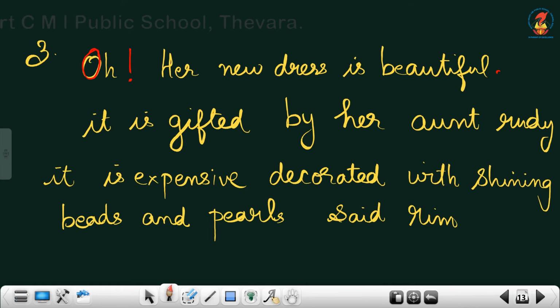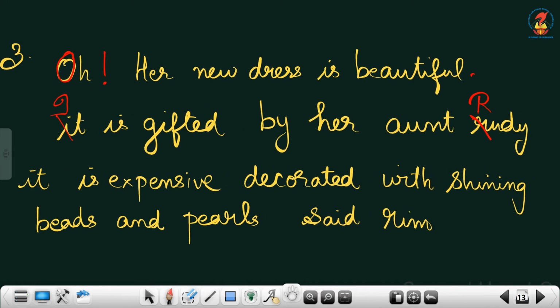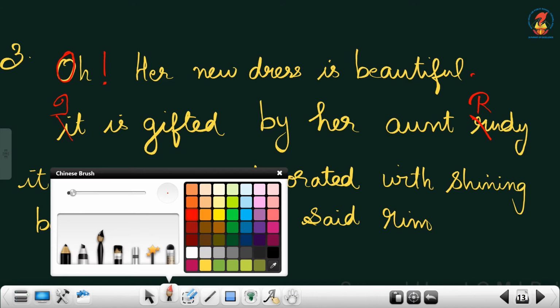It is gifted by her Aunt Rudy. See, I should be capital, beginning after full stop, beginning of the sentence. It is gifted by her Aunt Rudy. R should be capital and there should be a full stop too.